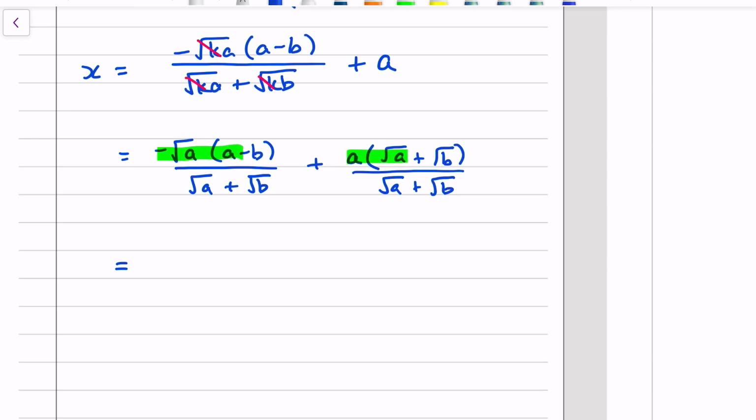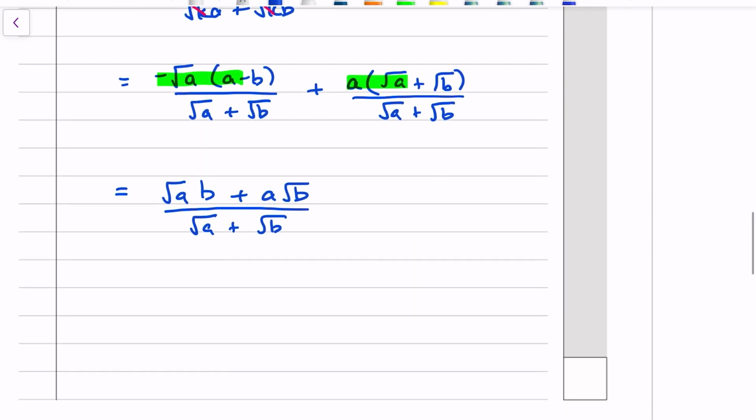So we're going to get root ab plus a root b, bit of symmetry there, all divided by root a plus root b. I'm now going to times by the conjugate, root a minus root b. I'm trying to make this equal to k, and it's a bit of a concern that I have no k's at all because I got rid of them, but I'm going to use that relationship we proved.